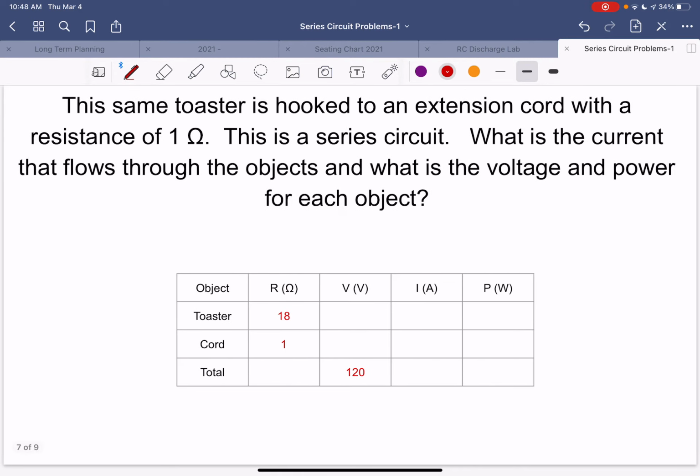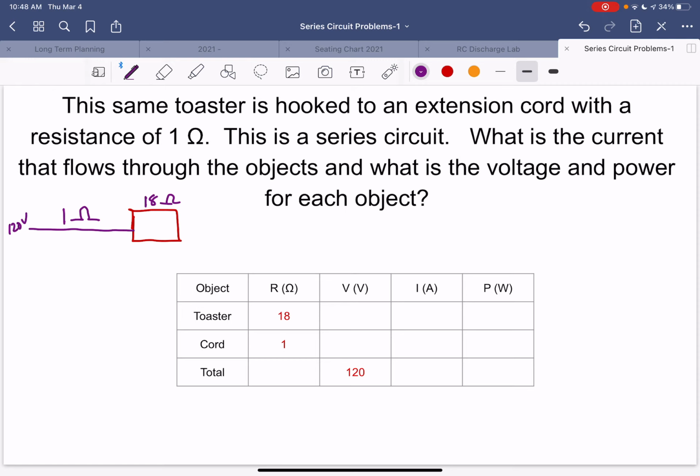So in reality, the toaster needs a wire running towards it to carry the electricity into the toaster. That wire will have resistance, and we'll assume that the resistance of that wire is 1 ohm. The toaster itself was 18 ohms. Combined, they're hooked up to 120 volts.